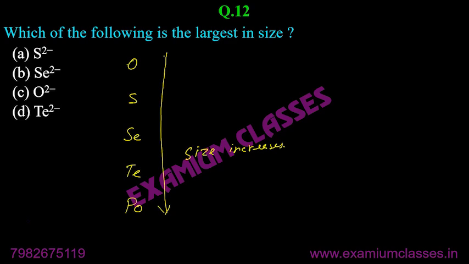Because you are removing the same number of electrons from all, the trend will remain the same. Out of these four, polonium is not given there. Out of these four, tellurium 2 minus will give you the largest size.